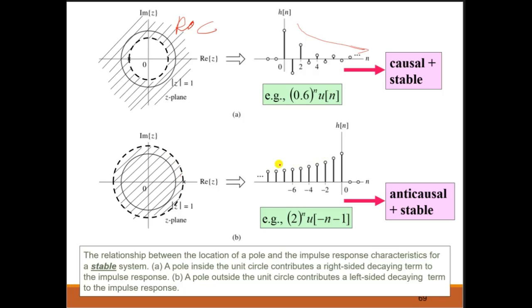So dia start daripada kosong, dia naik sini kan? Okay. So this will give you also a system that is, walaupun dia anti-causal, dia adalah stable, because again dia punya key dia adalah if the ROC contains unit circle, the system is stable regardless dia causal ke anti-causal, as long as ROC dia ada unit circle. Okay, right.